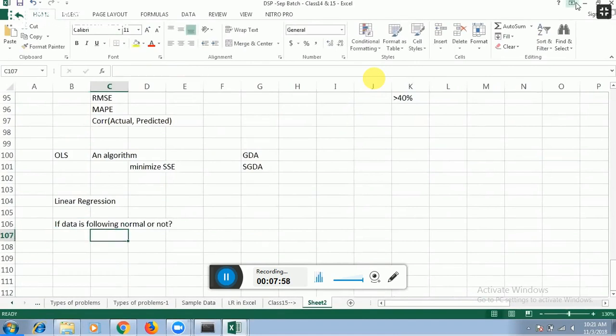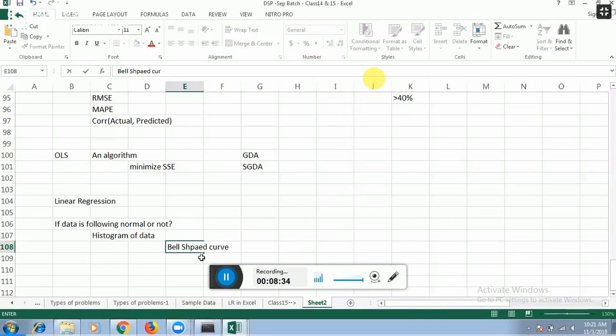There are multiple ways to check whether data is following the normal or not. The first thing is looking at the histogram of the data. If the data is following a histogram that looks like a bell-shaped curve.